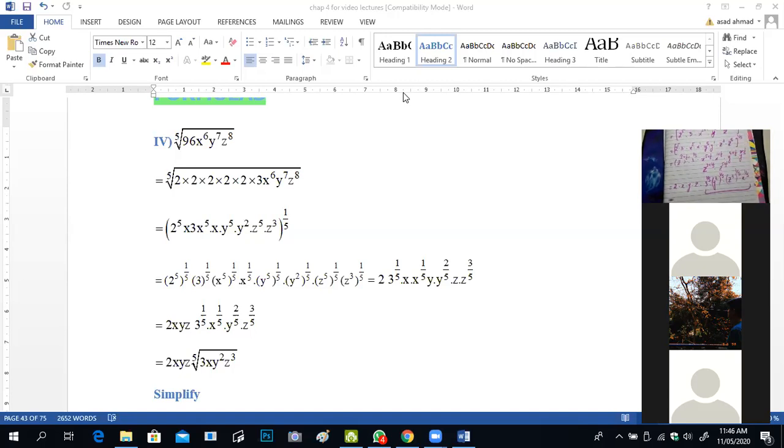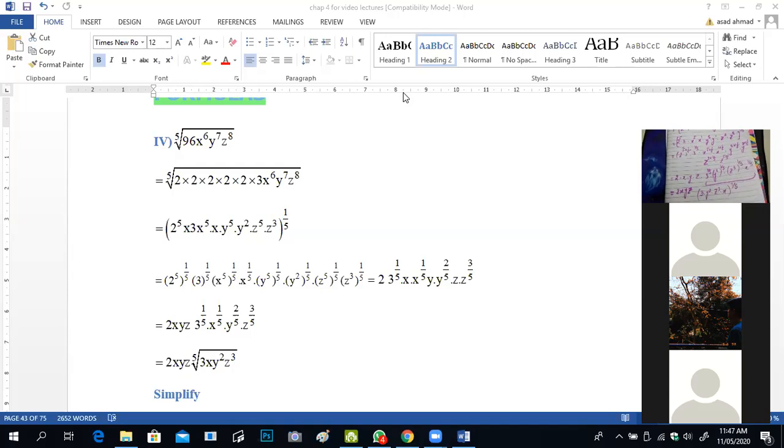So you will write 2xy as it is, no change at all. But because of this 1 by 5, 1 by 5, 1 by 5, 1 by 5 as power on these 4 numbers, I will keep the numbers 3, y square, z raised to power 3, and x, and collectively I will take their power as 1 by 5.